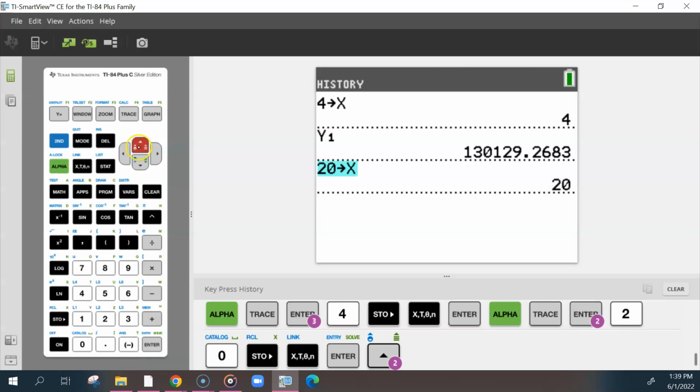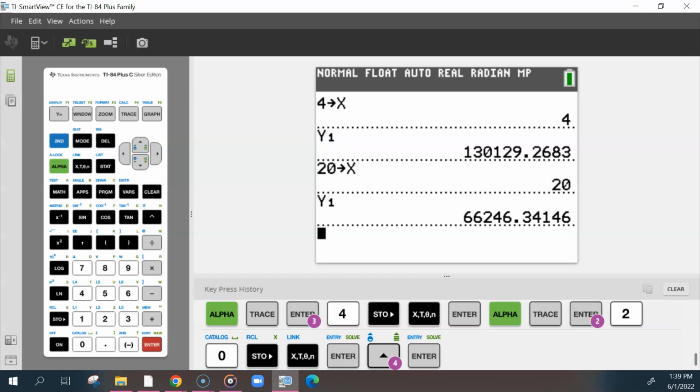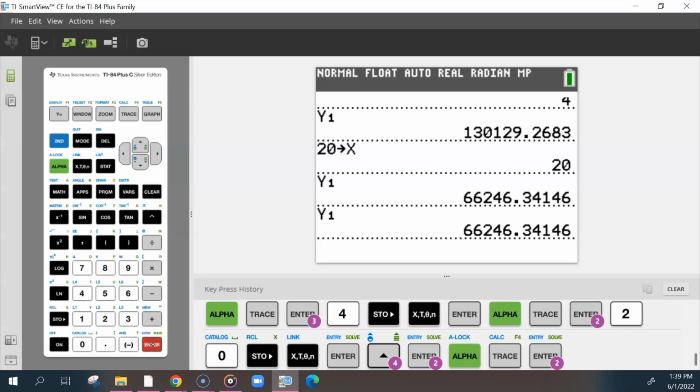Or you can hit alpha trace and hit enter twice. Both ways work. So then 66,246, or 66,200 since we're rounding to the nearest 100.